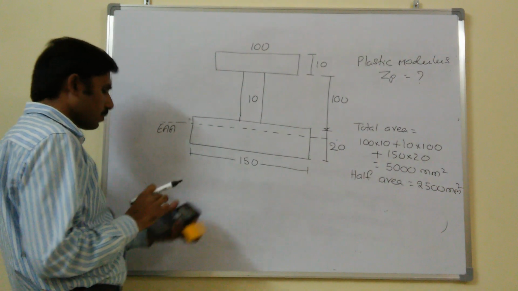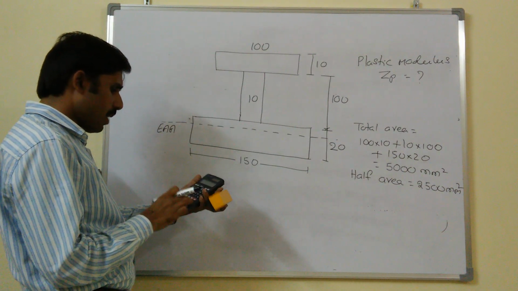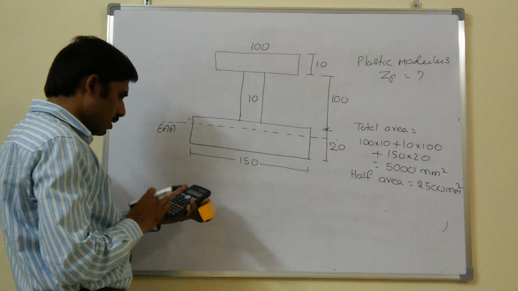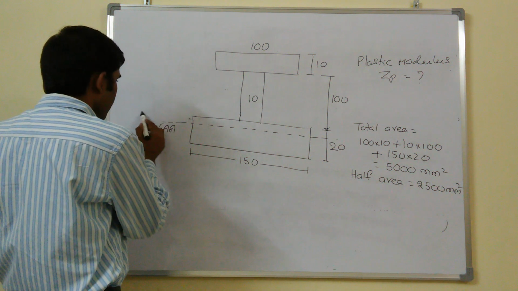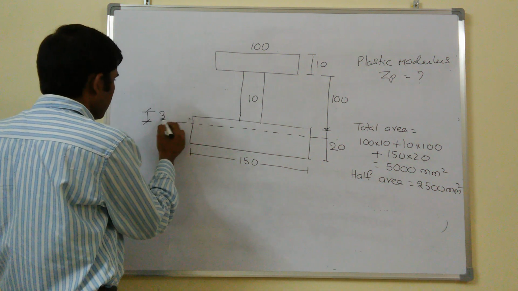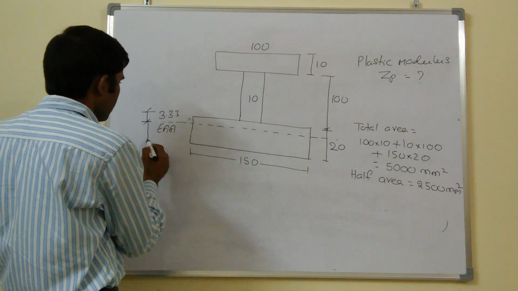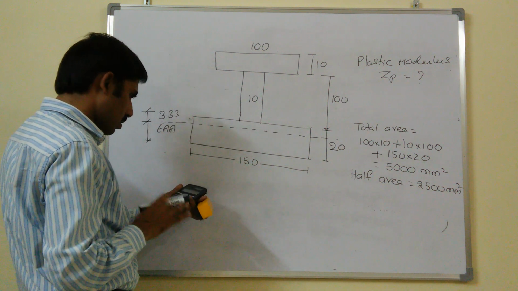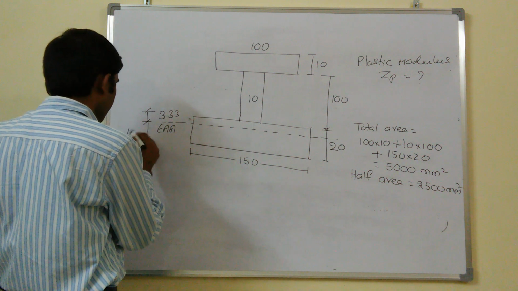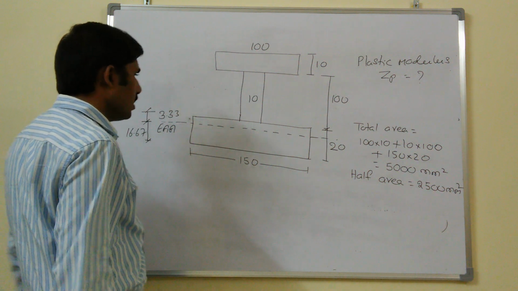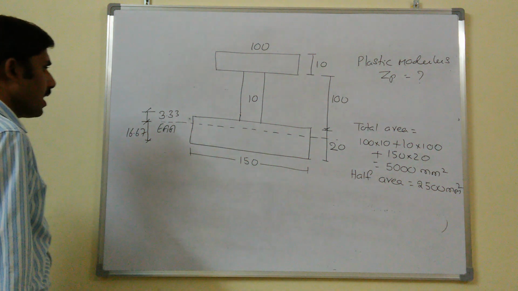That means 500 by width, this is 150, gives 3.33. So this is 3.33 and this will be the remaining 16.67. So that is the equal area axis.